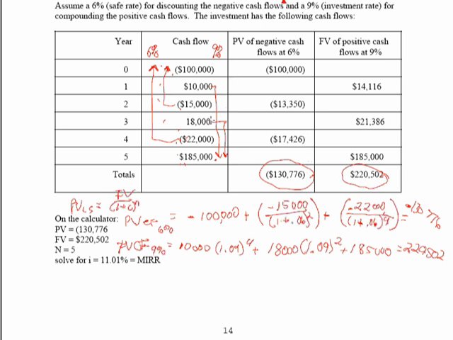So in this table, what we did is we either used the formulas, or maybe we used our calculator and just treated these as a series of lump sum discounting problems, or compounding problems, and calculated the present value or the future value for all the cash flows and just summed them up.